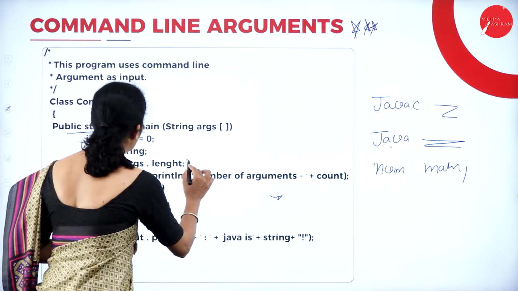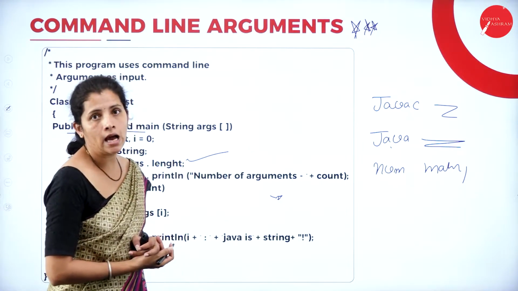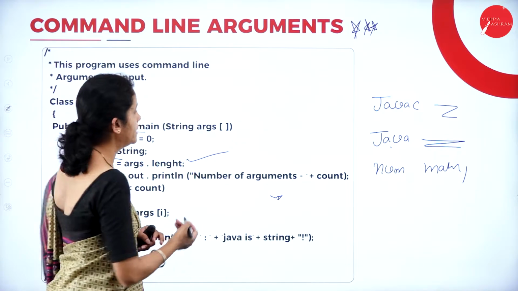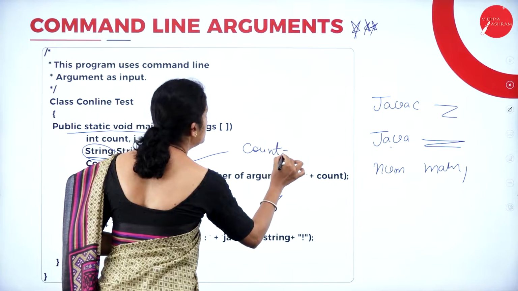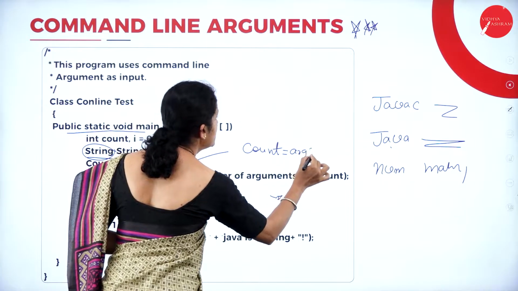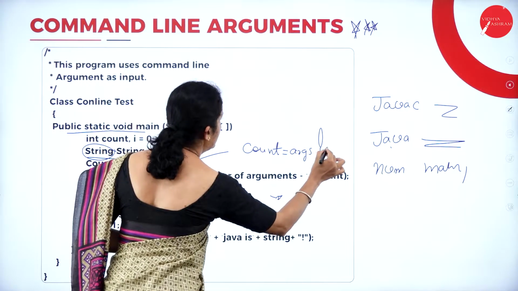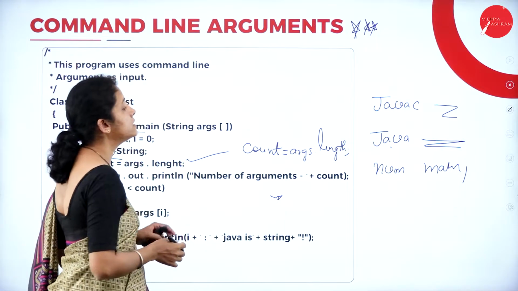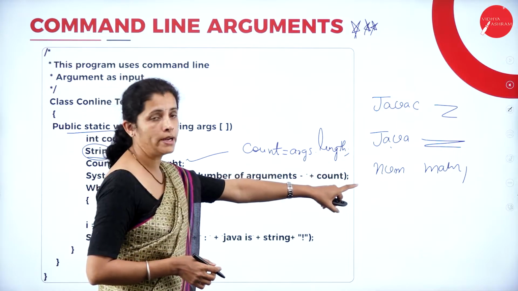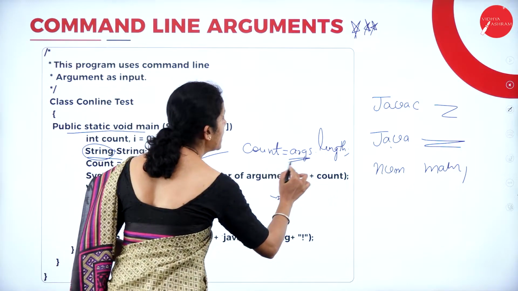Now I'm going to write count equal to args of length. When I call this line, it is going to return the length of the argument. Now what is this args?